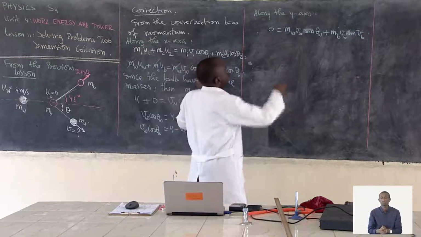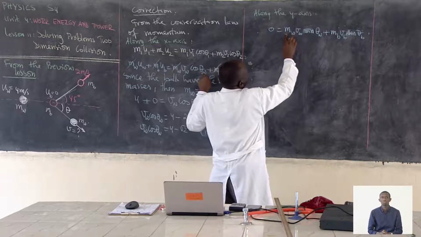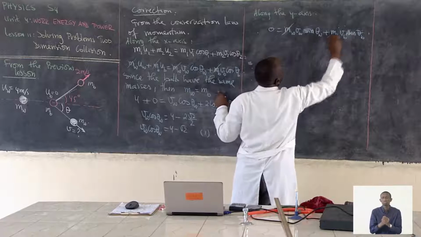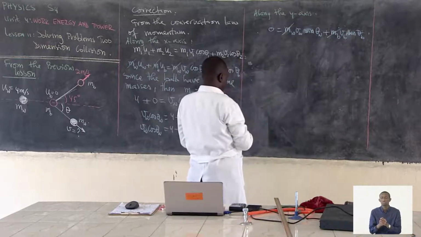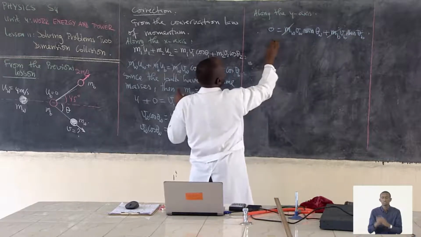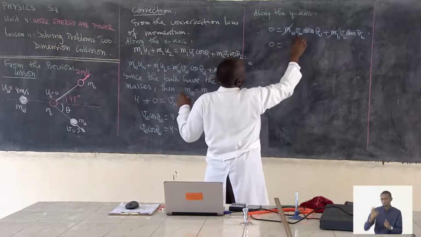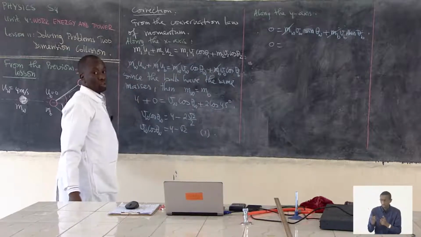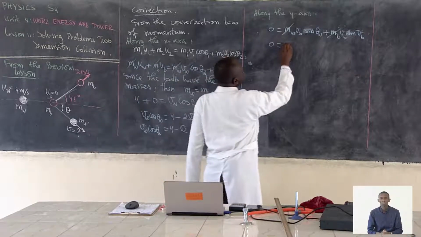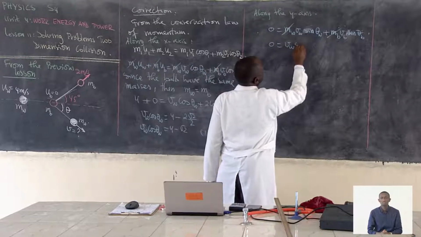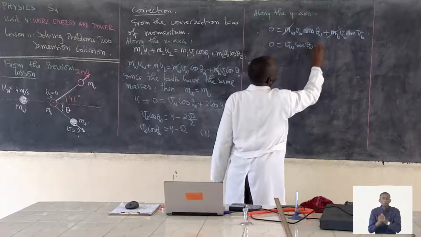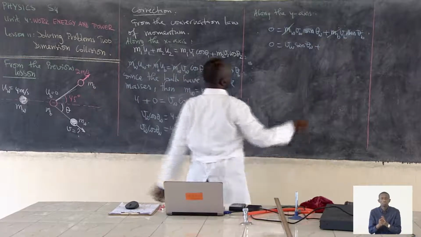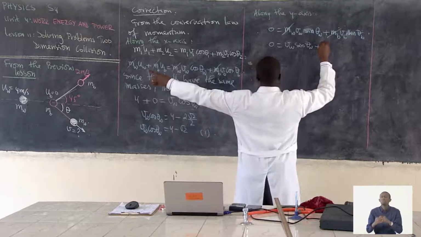So then students, because we have the same mass, these are closed out. After the substitution we find 0 equals the speed of the white, which is the one that we are going to determine, V of the white sine theta white, plus the one of the black, and the final speed is 2.